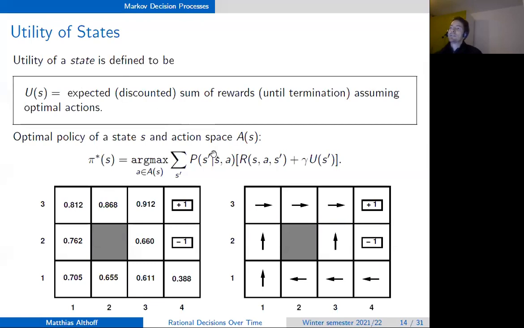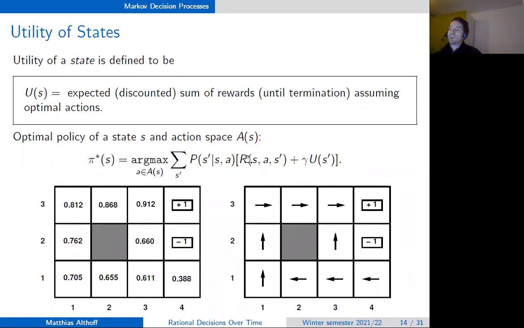If you don't immediately understand this formula, we will derive it in more detail when we derive the formula for utility. This returns the optimal policy. The optimal policy of a state is the best action, which maximizes the expected utility. So what is the expected utility? This aspect will also be discussed in more detail later on.